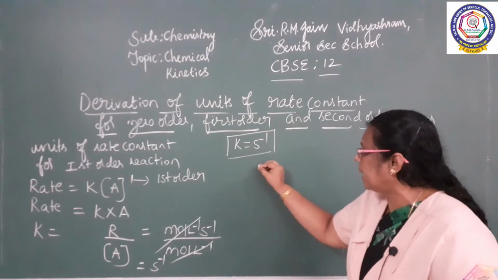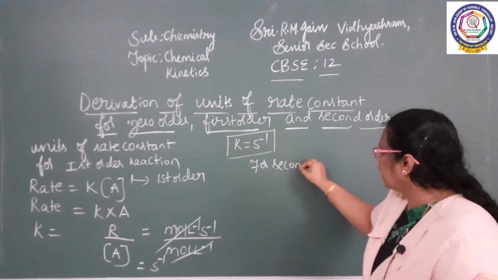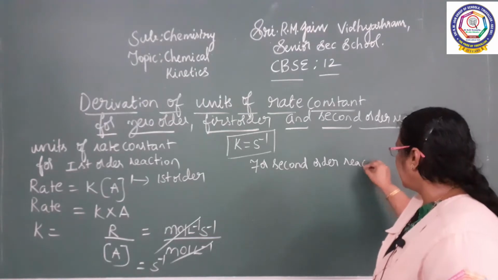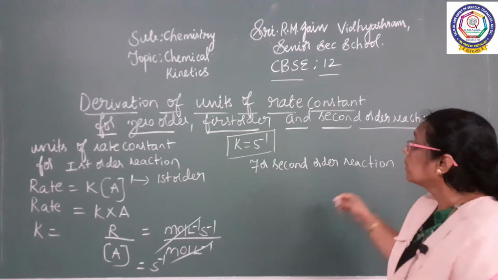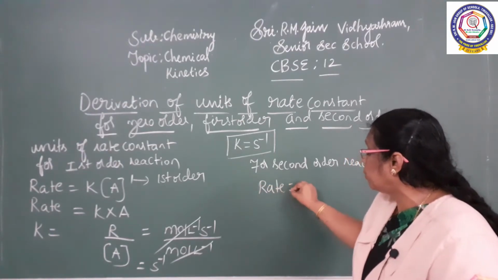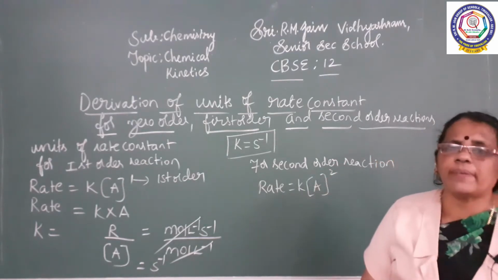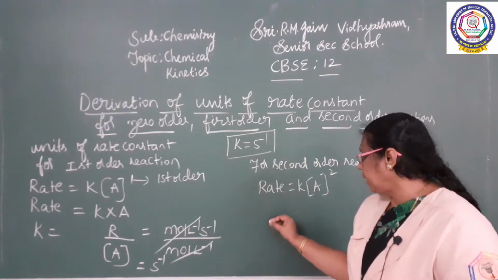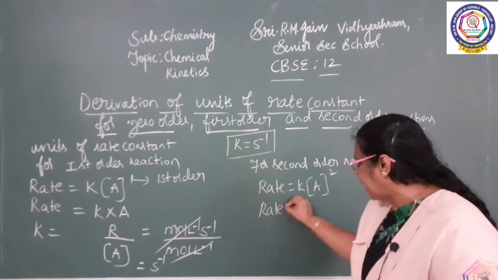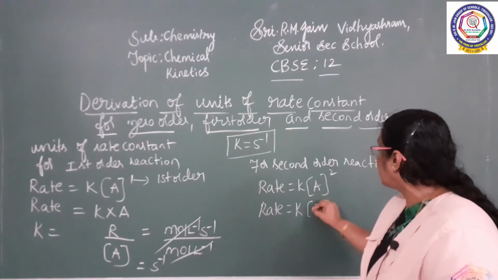Now we are going to say for second order reaction. Assume rate is equal to K into A power 2, molar concentration of A whole square.